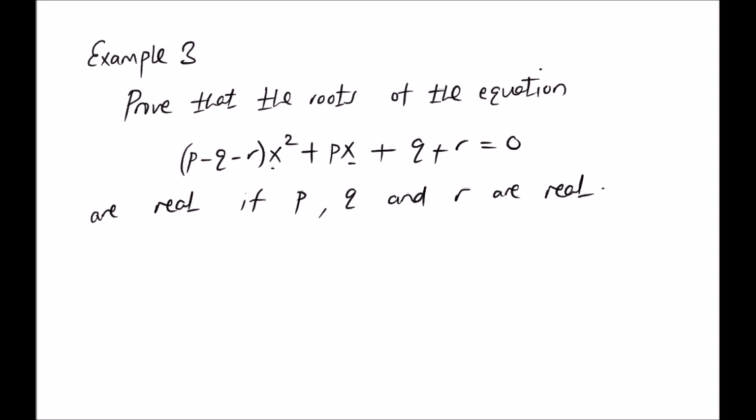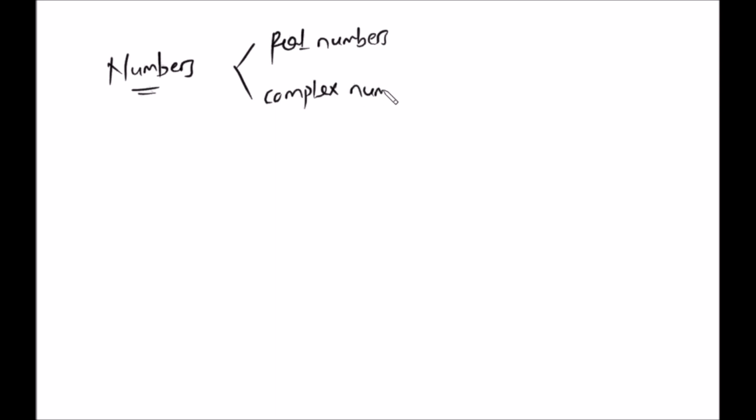Sasa hapa inabidi turudi kwenye numbers sasa, concept ya numbers. So what is mathematics? Mathematics is numbers. So numbers zimegawanyika kwa aina mbili, tuna real numbers alafu tuna nini? Tuna complex numbers.